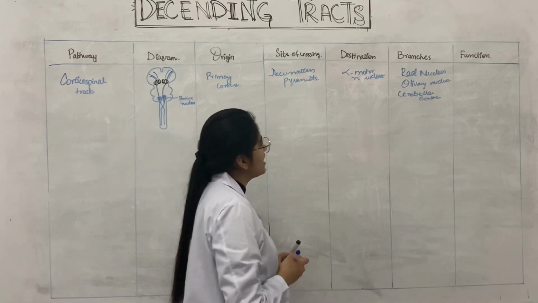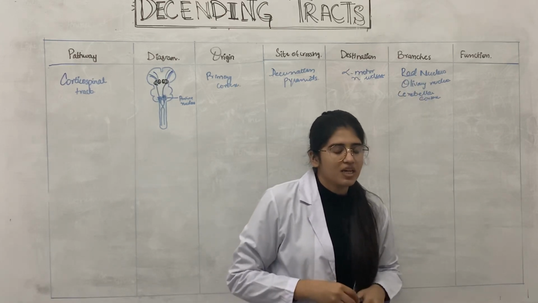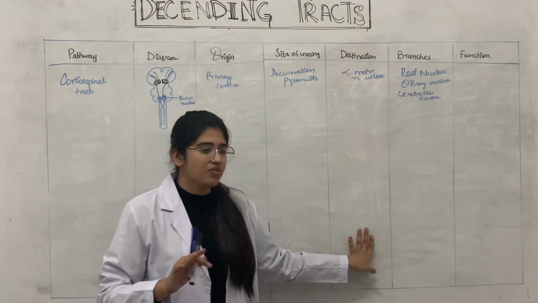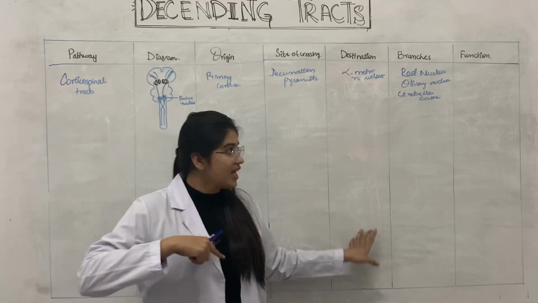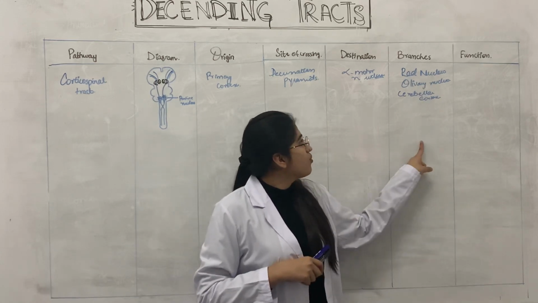Okay, so what is the red nucleus, what is the olivary nucleus, and what is the cerebellar nucleus? We will discuss this in this lecture, and we will come back again at this point. What is the red nucleus, what is the olivary nucleus over here, and what is its function?